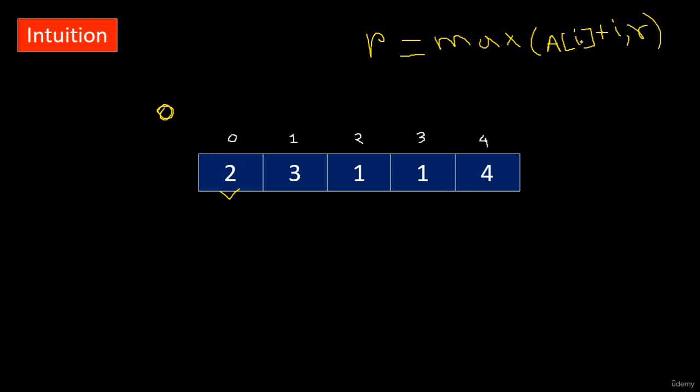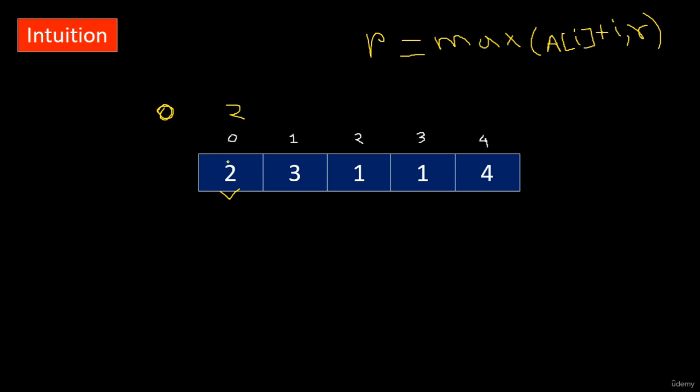Here we see that A[i] is 2 and i is 0. So 2 plus 0 is 2 and R is 0. That means our reachable value changed. Here we'll insert 2.